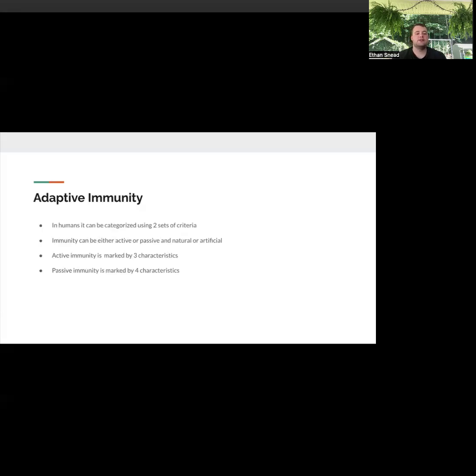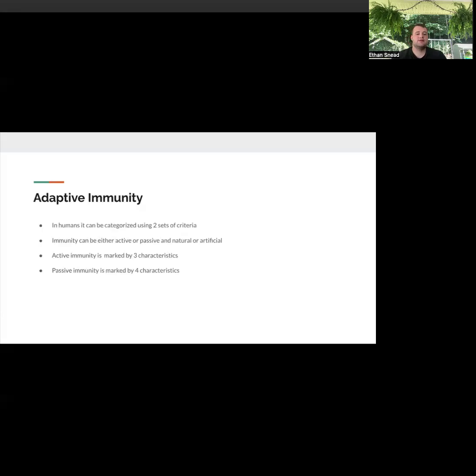Passive immunity is specific resistance that is acquired indirectly, and it is characterized by four features: the lack of memory, the lack of production of new antibodies, immediate protection, and short-term effectiveness. Immunity can also be natural or artificial.